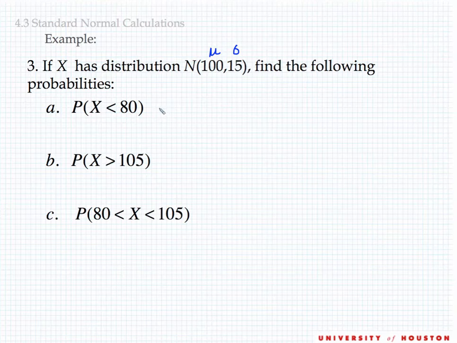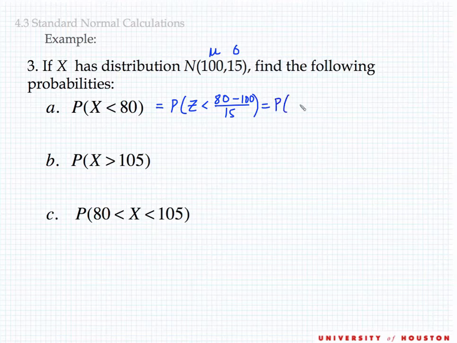If I standardize, this probability would be the same thing as the probability that z is less than our standardized value, which is x minus the mean over the standard deviation. And when I plug this into the calculator or another device or look on the table, I would get 0.0918.